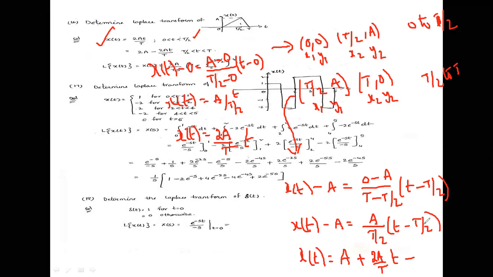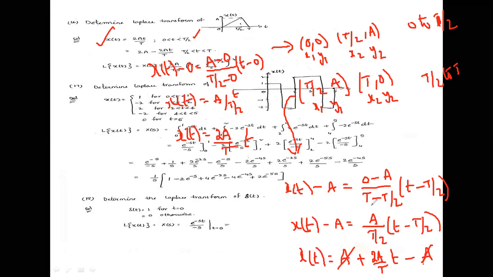These two will get cancelled and it becomes a only, and here the minus into minus is a plus, the a and a get cancelled, 2a by T into t, and this will also be the same, my dear students. But here we'll get 2a minus 2a by T.